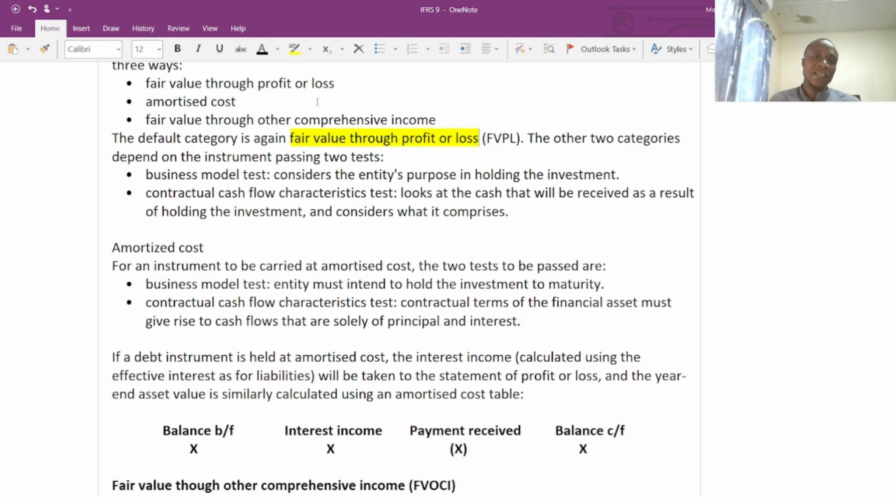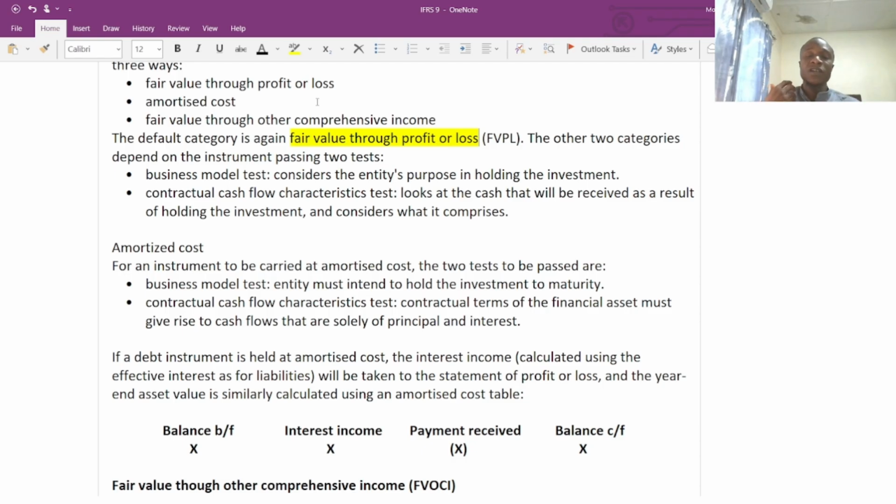I mentioned it earlier. If the purpose of investing in X, Y, and Z company is to secure a long-term position, or for you to move your business model to different dynamics, or you want to diversify your investment portfolio, whichever the basis should be, we need to know the purpose of holding the investment.